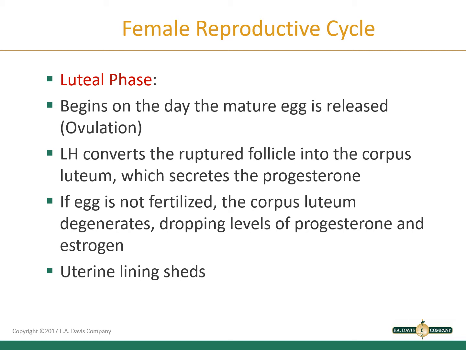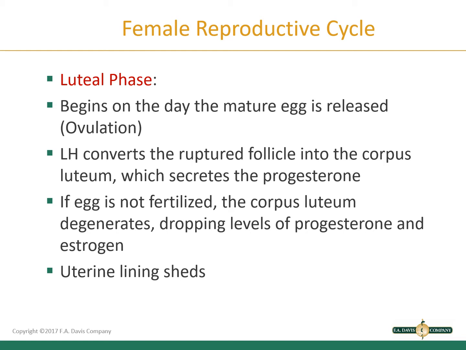So it implants itself in the uterine lining, and then a very early placenta is formed by the embryo. This early placenta releases the pregnancy hormone called HCG. That's the hormone that pregnancy tests will detect, and we'll talk about that.